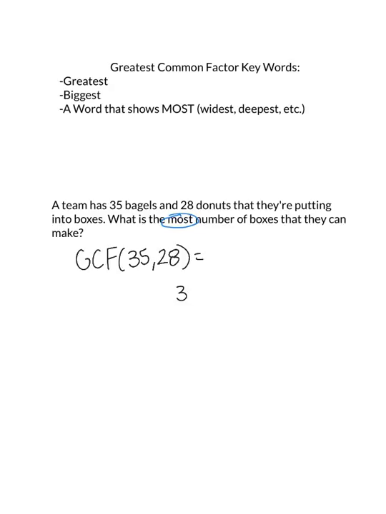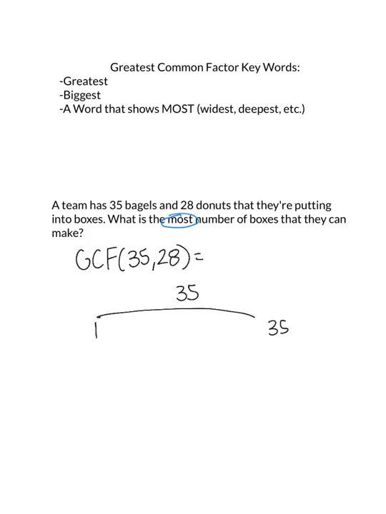So I'll make my factor rainbows. I check 1, yes. I check 2, nope, 35 is an odd number, so 2 does not work. I check 3, nope, 3 does not work. I check 4, nope, 4 does not work either.